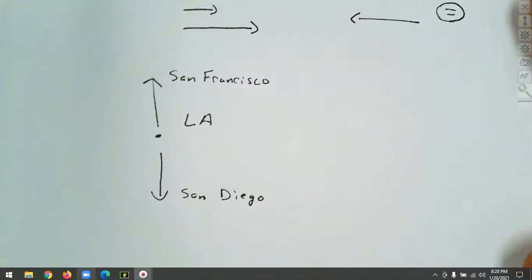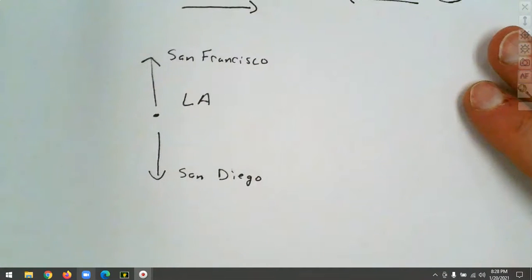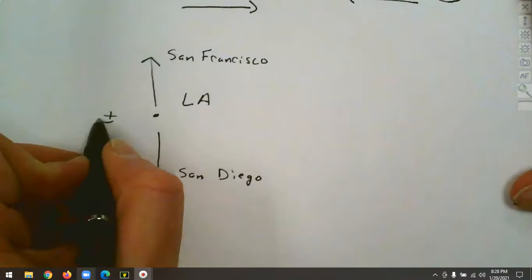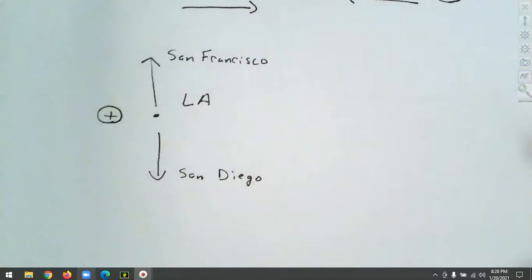And what do you think this is going to be? Addition, subtraction, or equals? Well, they're going in opposite directions. Do these overlap at all? No. If they do not overlap, then that means it is addition. Now, there are three components that go into a distance problem: rate, time, distance.